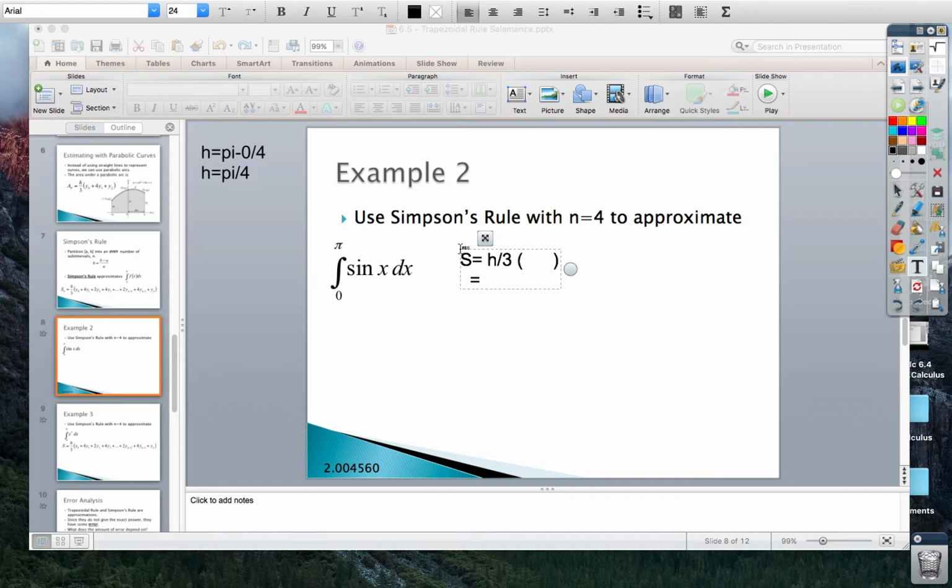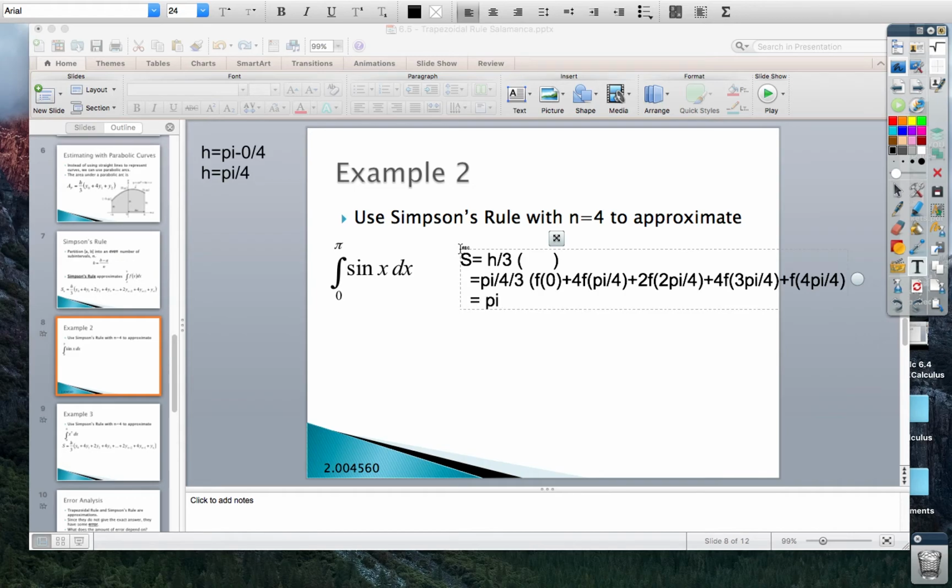So we know that h is equal to pi divided by 4, divided by 3, times f of 0 plus 4 times f of pi divided by 4 plus 2 times f of pi divided by 2 plus 4 times f of 3 pi divided by 4 plus f of 4 pi divided by 4.